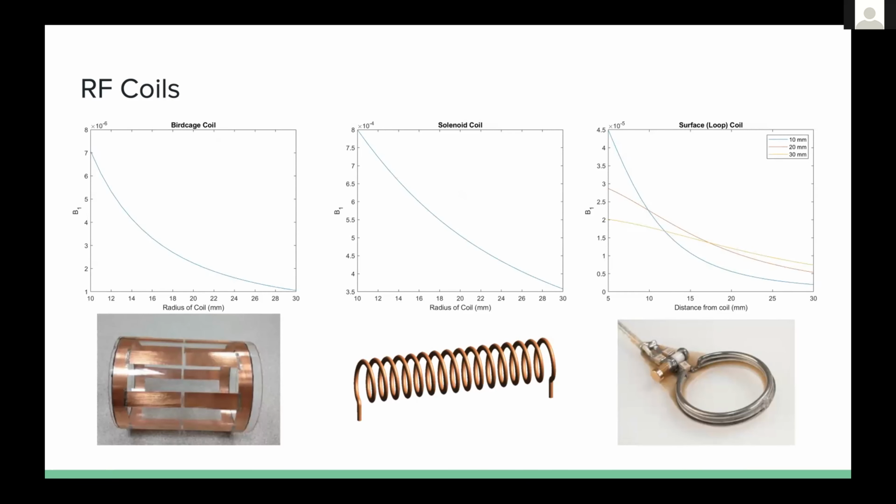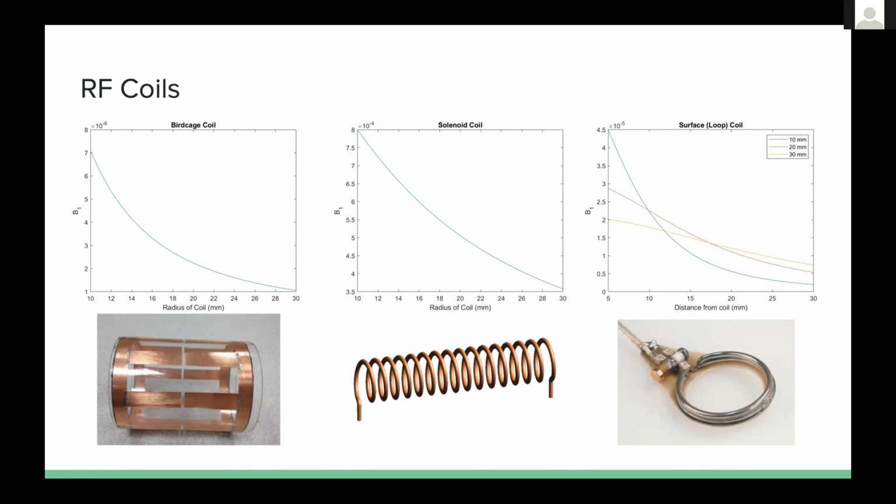So in these 3 graphs, we are showing the signal strength coming from these coils. A very important concept when looking at coil design for this situation is a theorem called the MR Reciprocity Theorem.